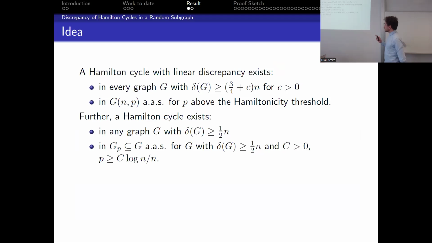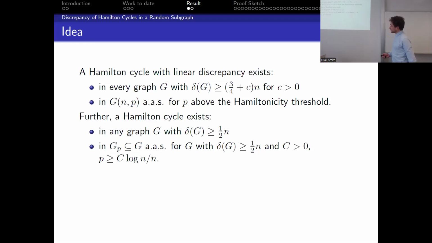For G(n,p), P could be above the Hamiltonicity threshold, and then a Hamilton cycle exists for minimum degree this, and for a random subgraph, as long as the host graph is a Dirac graph and P is above C log n/n.